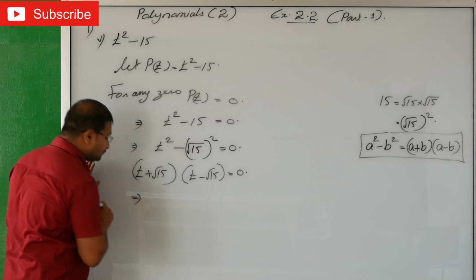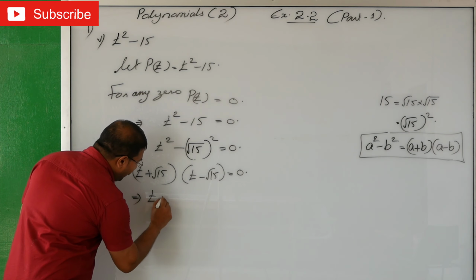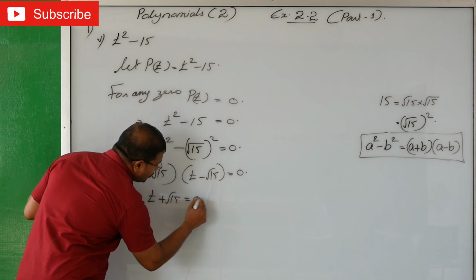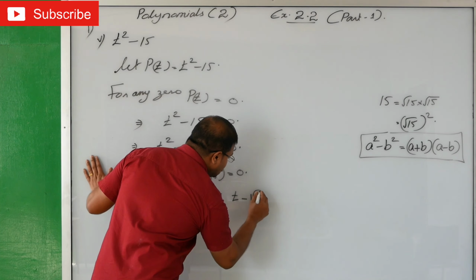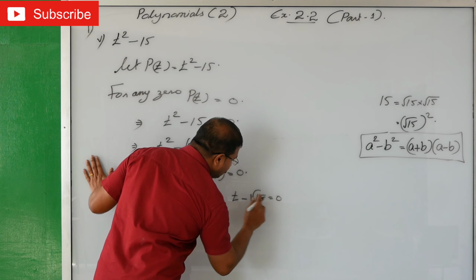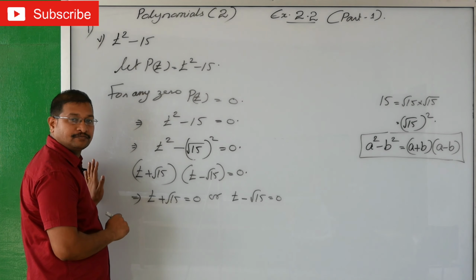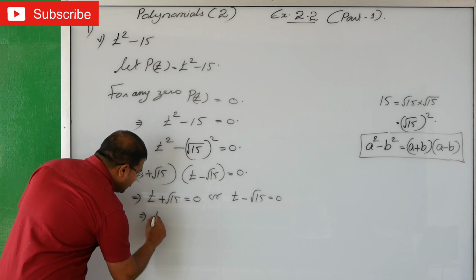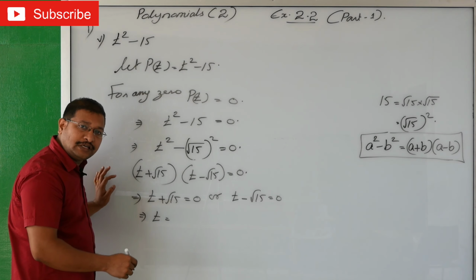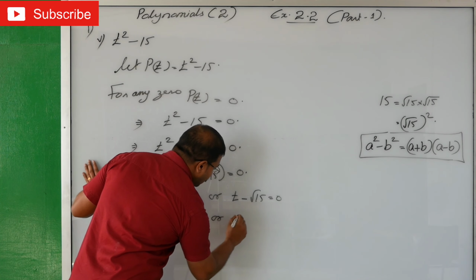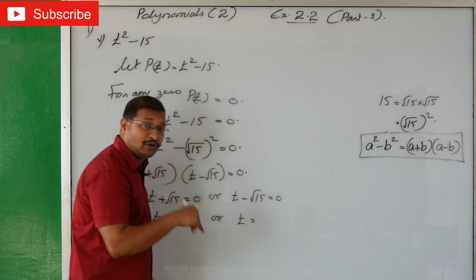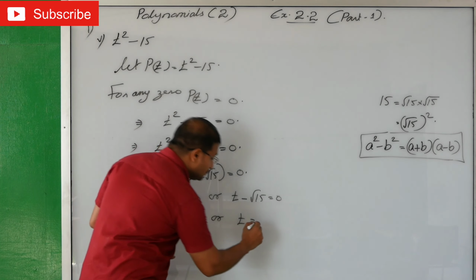This implies t plus root 15 equal to 0, or t minus root 15 equal to 0. This implies t equals, root 15 goes to the other side, minus root 15, or t equals minus root 15 goes to the other side, plus root 15.